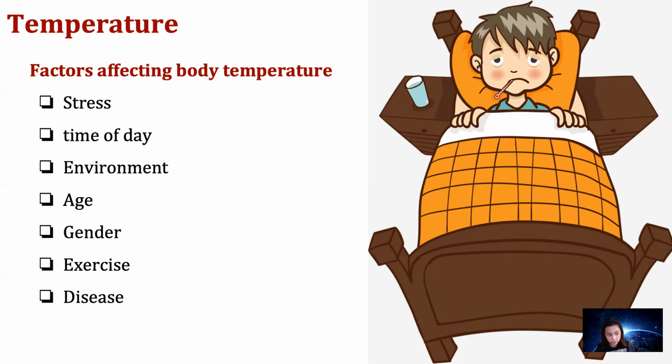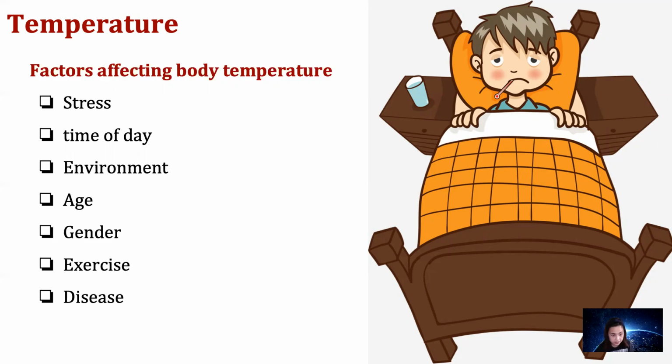So if it's morning, like 10 a.m. onwards, mas mataas yung temperature mo compare sa natutulog ka like 3 a.m., 4 a.m. So dito pinakamababa yung temperature mo. Then environment, kung mainit, of course, mas mataas ang temperature mo. Kung nasa environment ka naman na malamig, mas mababa ang temperature mo.